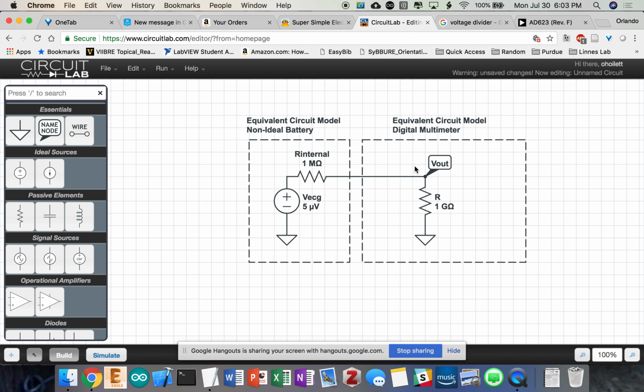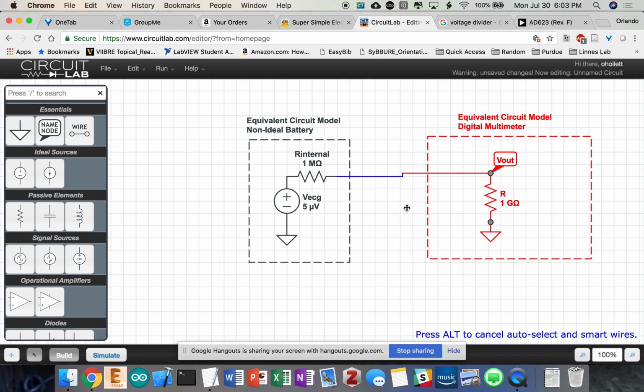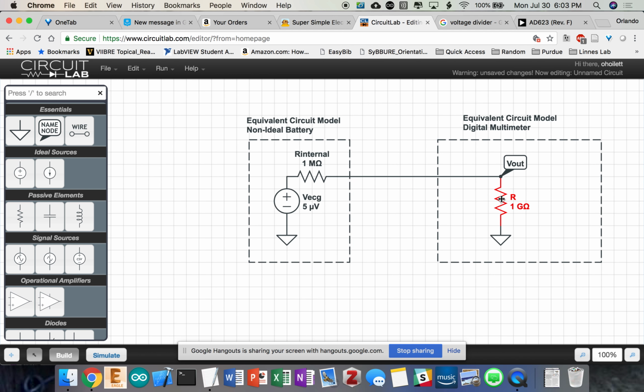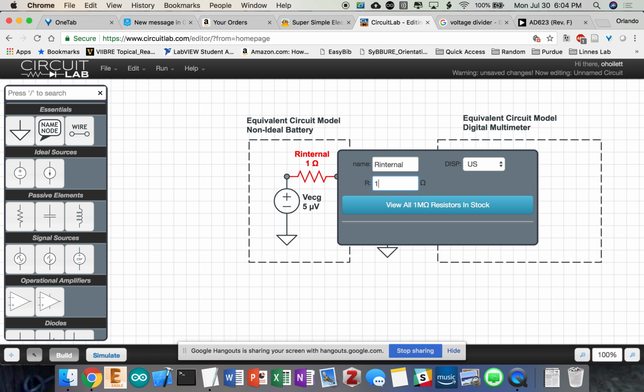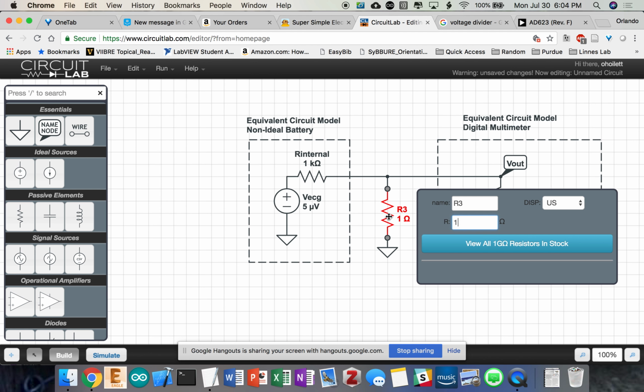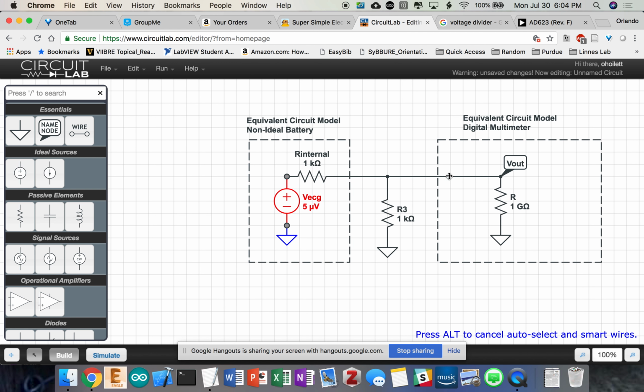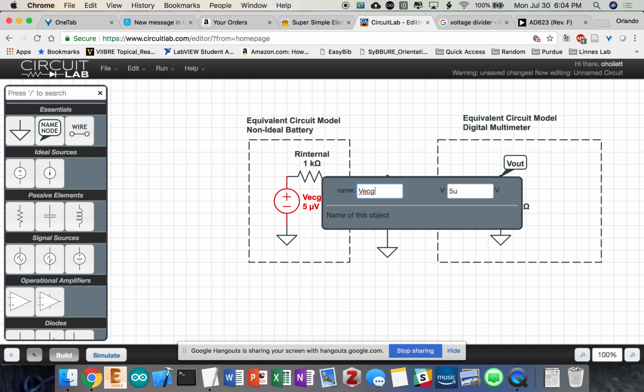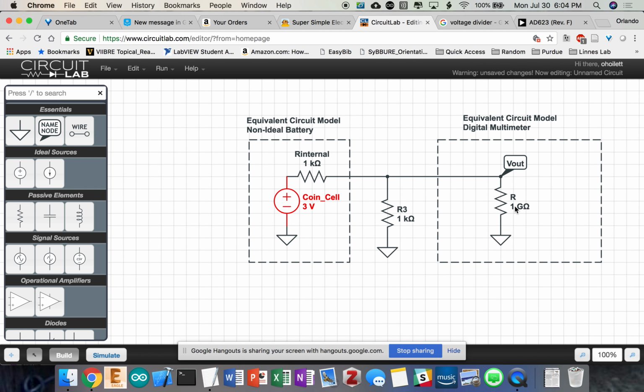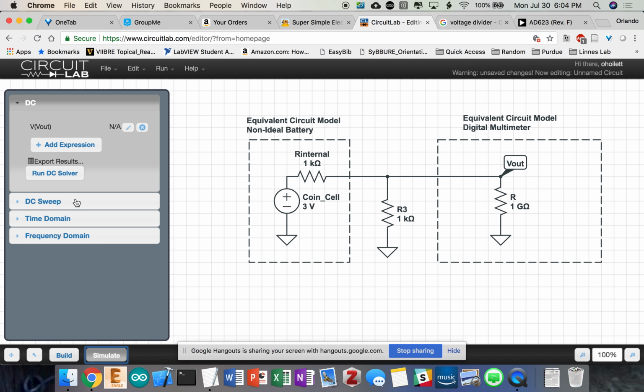Typically, when you're measuring something in your circuit, though, let's say you make a voltage divider, and then you're trying to test your voltage divider to see what resistances you're getting. Let's say you just make a random voltage divider for whatever reason. This is probably a little more accurate.